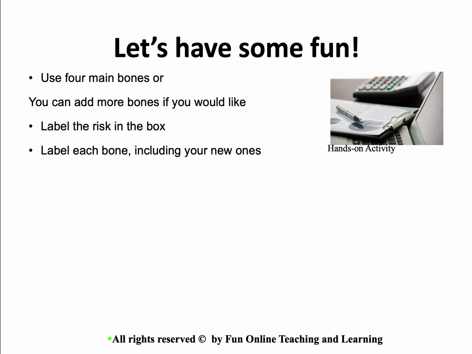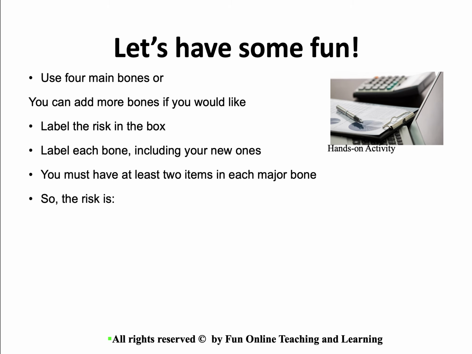Label the risk in the box. What is the main bone, right? And include your new ones if you want, other than P3M. And then I want you to think about the 2 little bones in each main bone. For example, if you identify machine, identify 2 of them at least. You can do more.